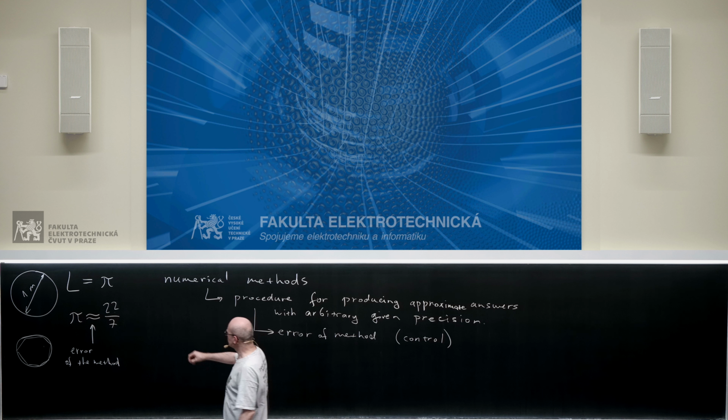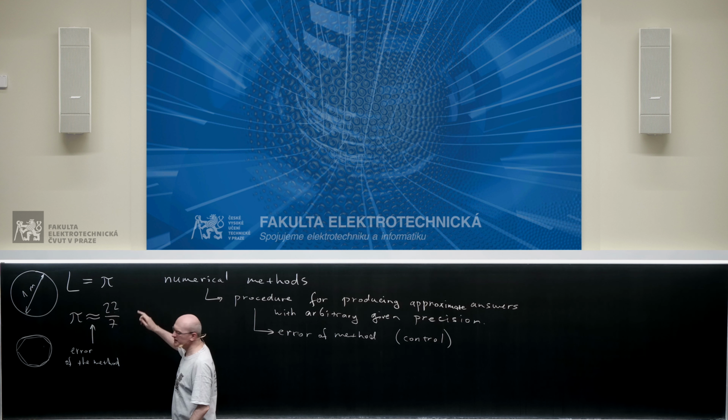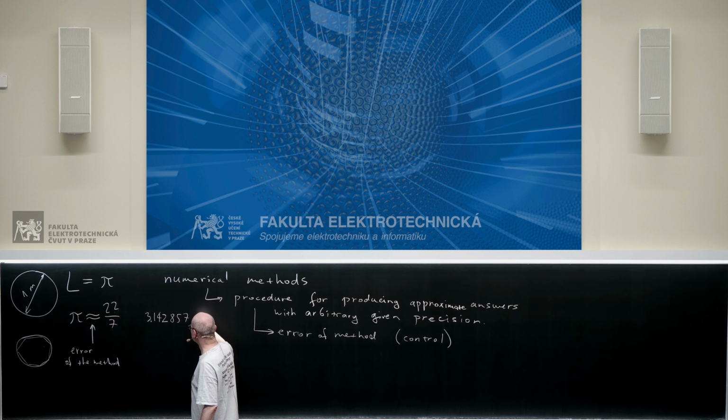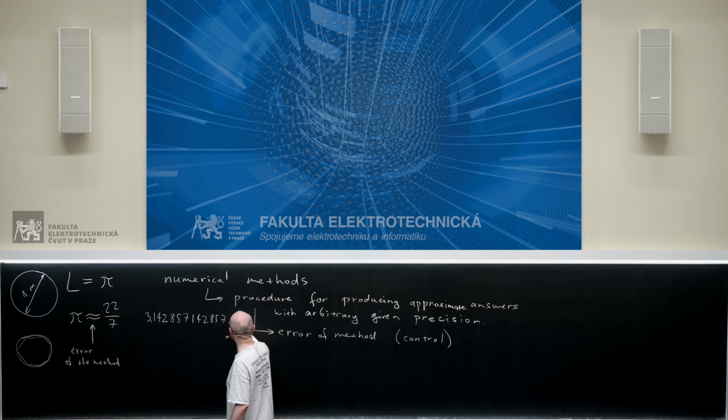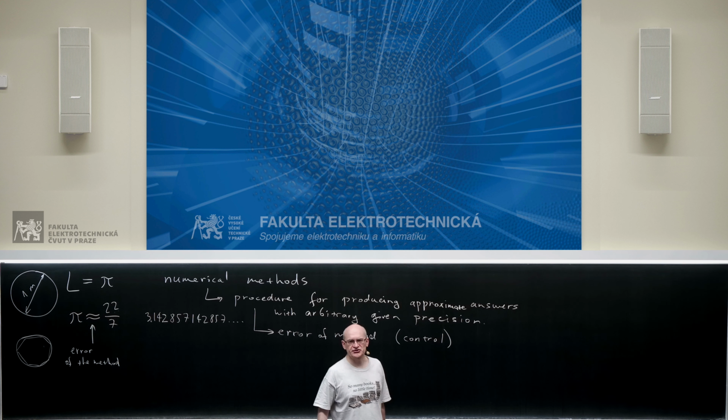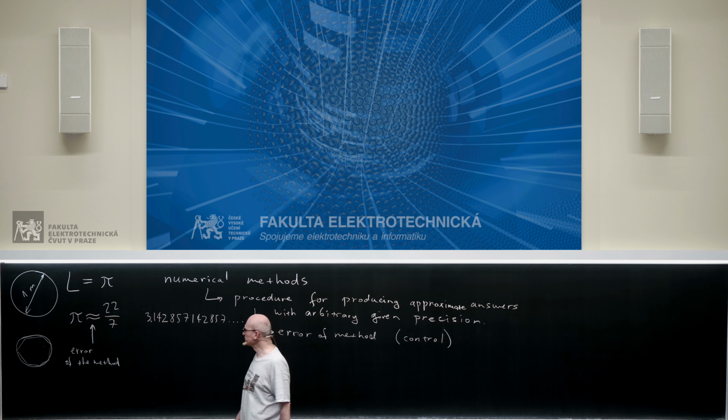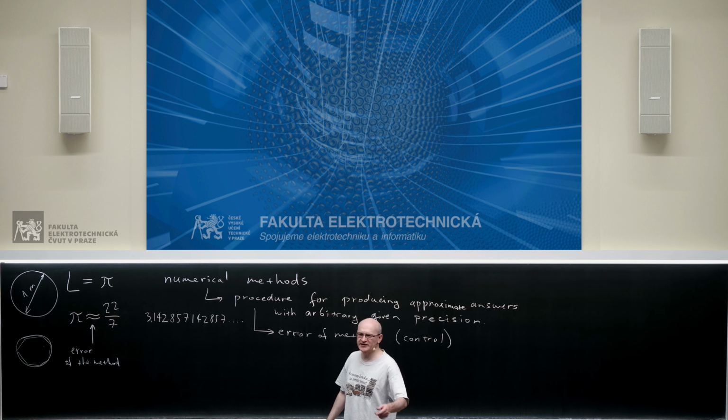So what you need is essentially 22/7 is equal to, let's see, 3.14857142857 and so on. Okay, so this is not going to work very well either, because if you wanted to find the precise answer, you would have to spend infinite time working it out.